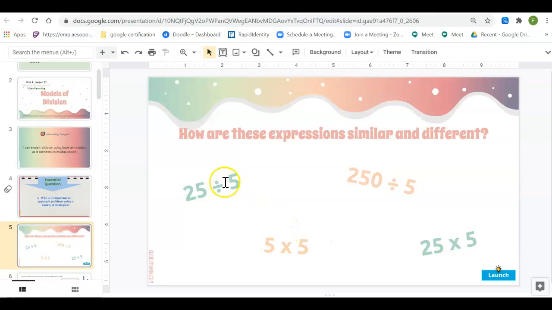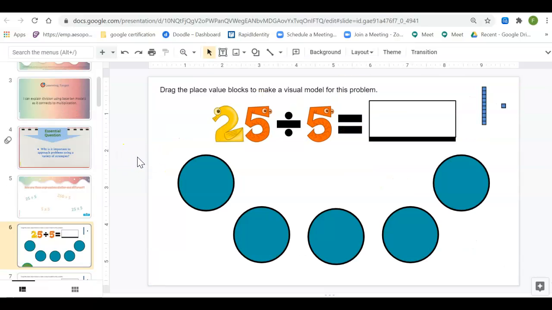They're all using numbers that are pretty similar: either 25, 250, or 5 are the numbers being used in all of these. And you're figuring out, again, division and multiplication for those. Let's go ahead and go to our next slide.